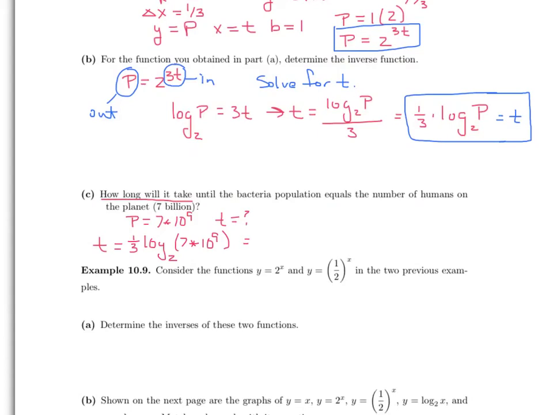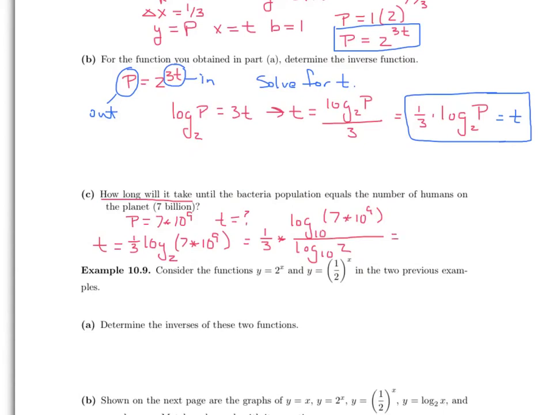To get a decimal approximation of this, we take the 1/3 and we multiply it by log base 10 of 7 times 10 to the 9 and divide by log base 10 of 2. We've just used the change of base formula right here. That's where this is coming from.